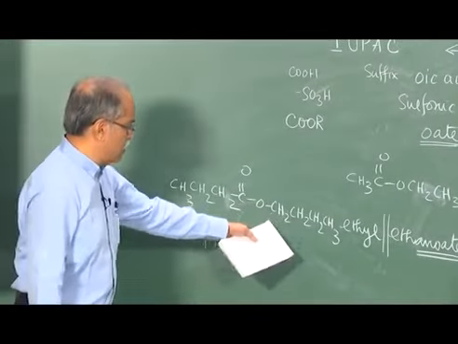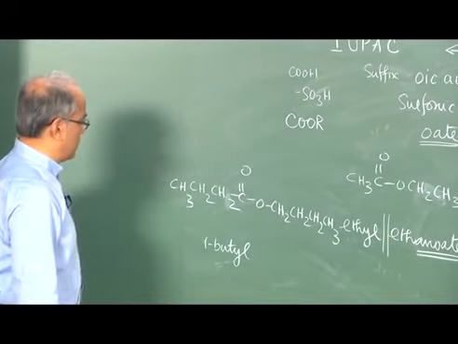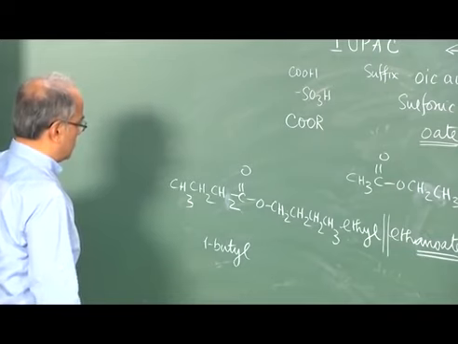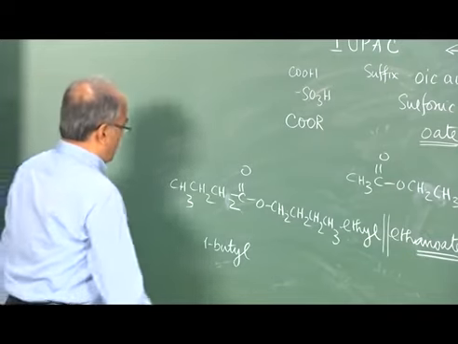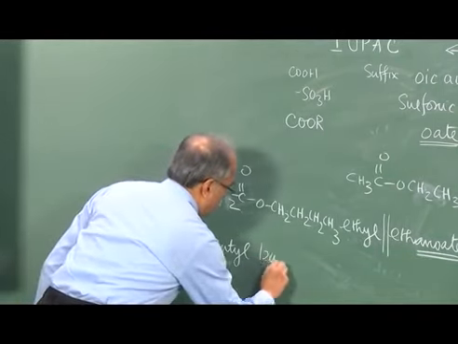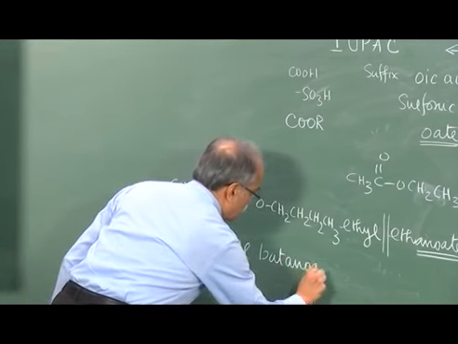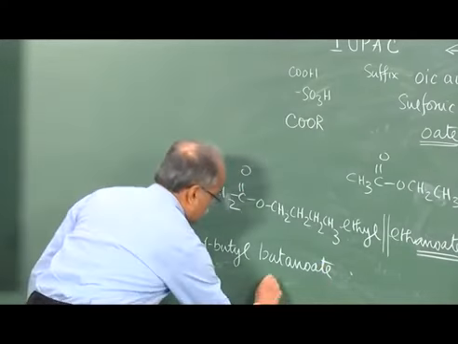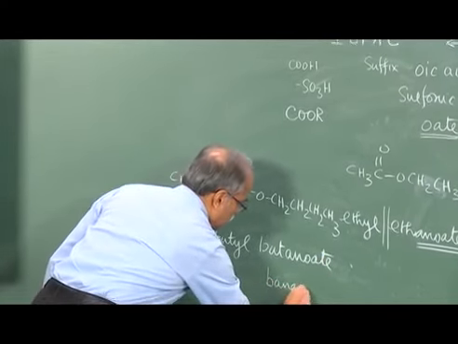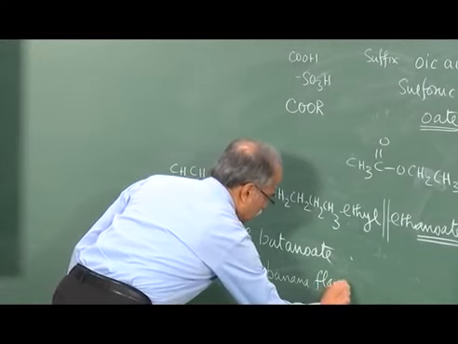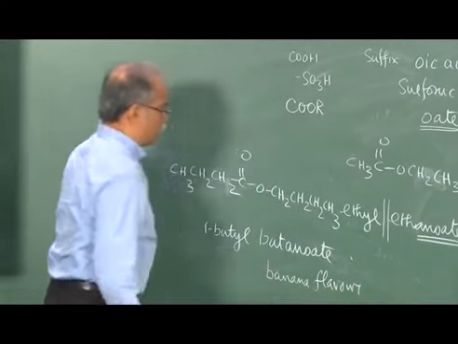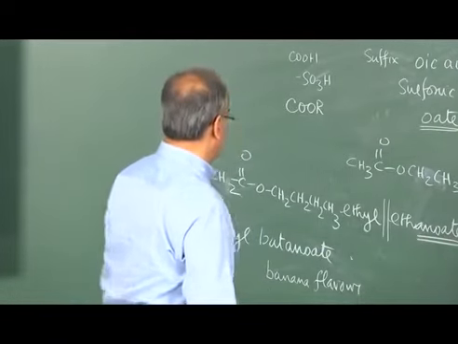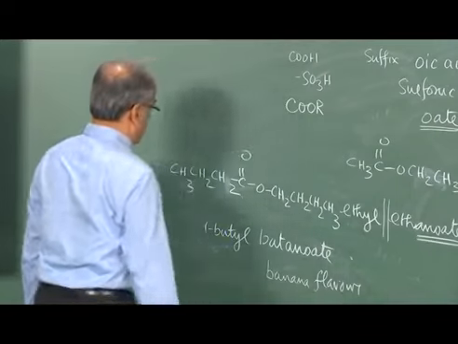It is attached to the first carbon, so it will be a one butyl derivative, not two butyl or other substituted derivative. Butanoate. This molecule has a very pleasant banana flavor. It is widely used in the perfumery industry and the food flavoring industry, for example, as a banana flavor. That's why I mentioned this particular compound.